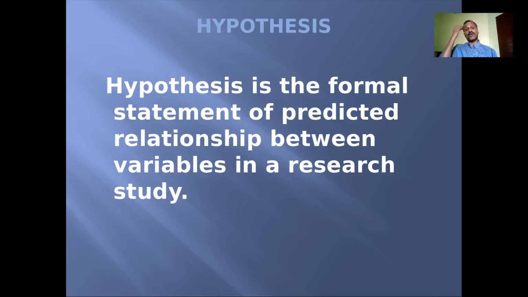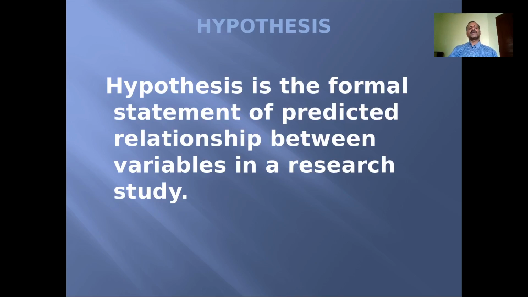A hypothesis is a formal statement of predicted relationship between variables in a research study. So this is a prediction. Just before starting the actual study, once we have identified the variables, we are saying that there shall be a relationship, with this type of relationship between the variables.